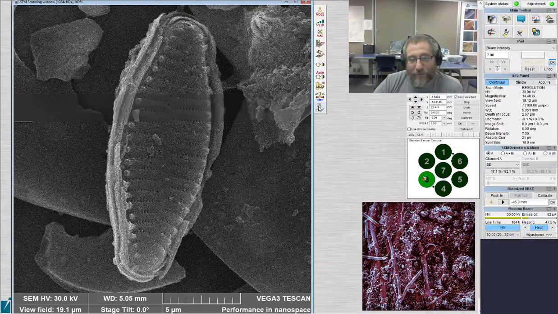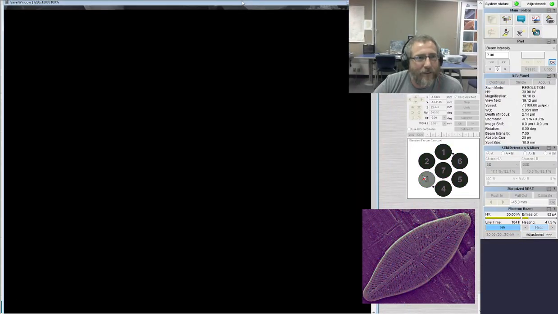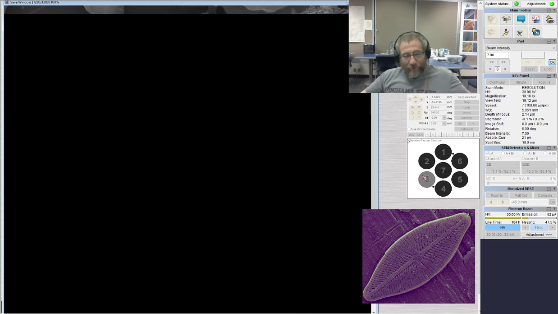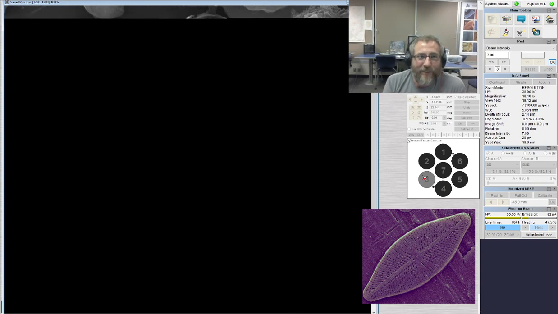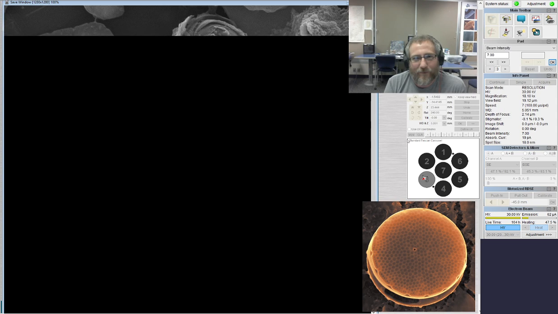Okay. For 17, I think I have Grove and 16 or 15 or whatever the other one is in here as well. So I will grab this. Okay. Mystery Stephanodiscus. Well, I feel like it's Stephanodiscus.